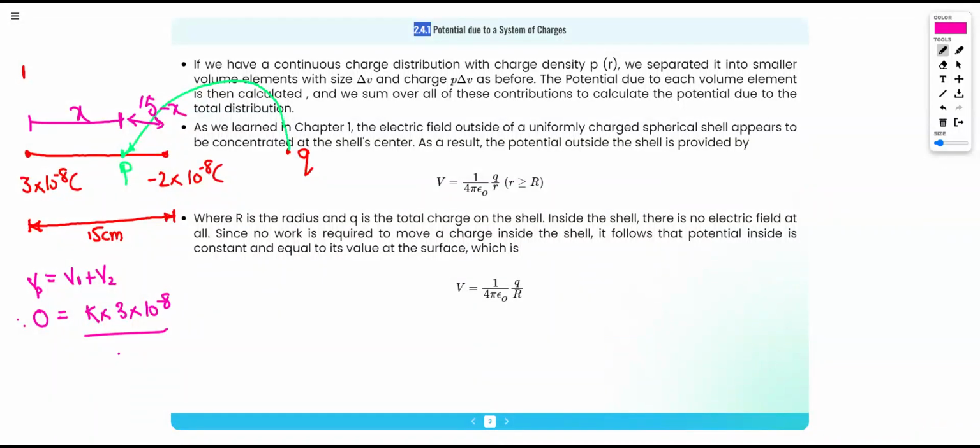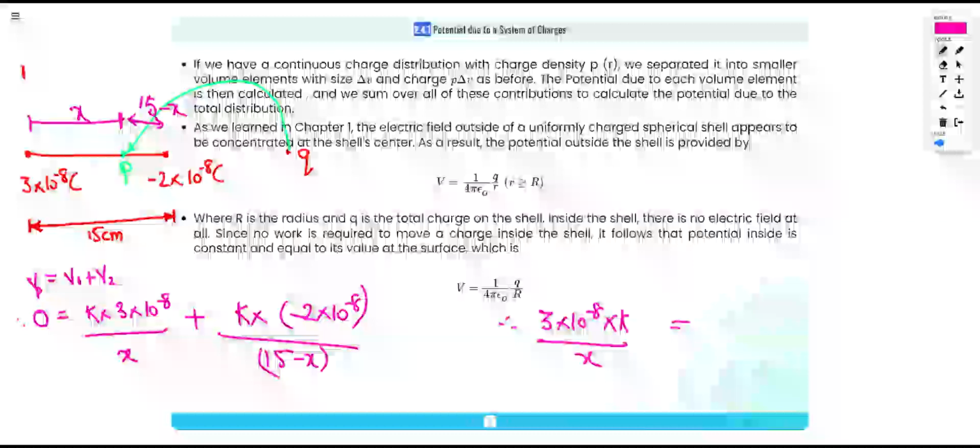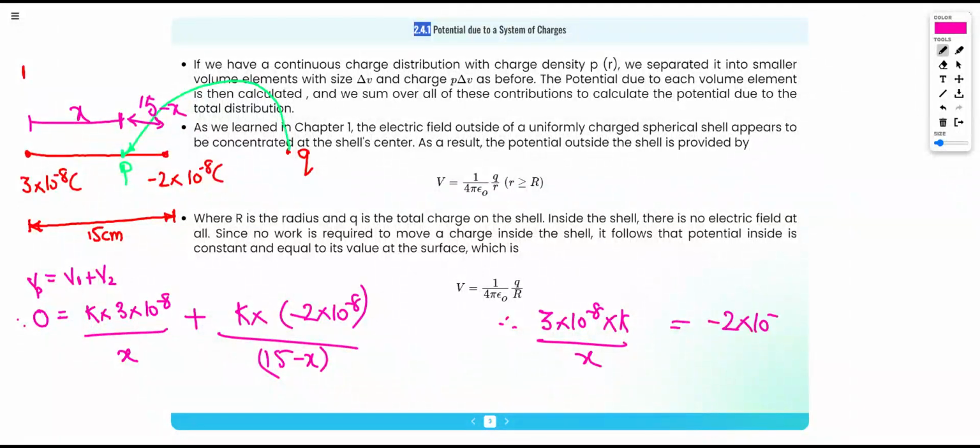So this will be equal to KQ over X plus K into Q, where Q is minus 2 into 10 raised to minus 8, over R, where R is 15 minus X. Now I will write 3 into 10 raised to minus 8 into K over X is equal to minus 2 into 10 raised to minus 8 into K upon 15 minus X. The K and 10 raised to minus 8 will get cancelled.